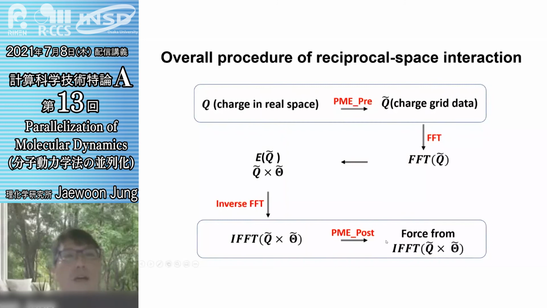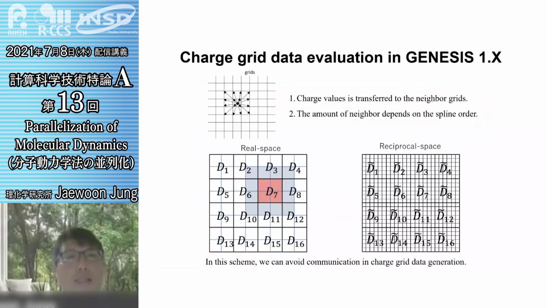We first need to understand the charge grid data evaluation in the Ewald scheme. So for each particle in real space, we can consider some grid space with some limited range.